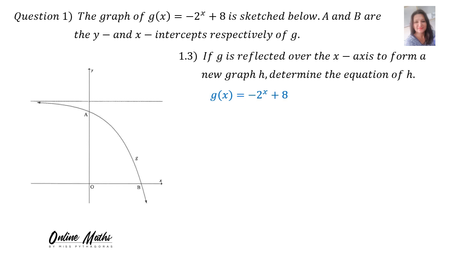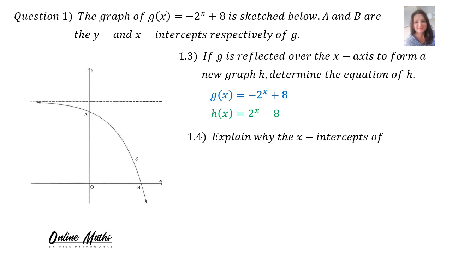So when we reflect our graph about the x-axis, then suddenly the minus 2 to the x will become plus 2 to the x, and the horizontal asymptote that used to be at plus 8 will now be at negative 8. Therefore, the new equation is h of x is equal to 2 to the x minus 8.